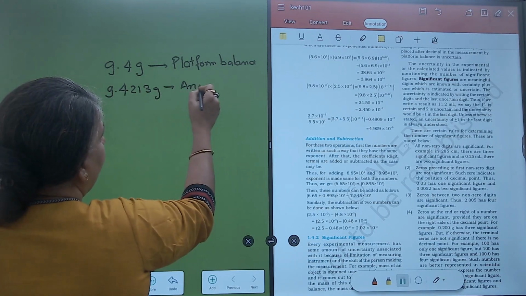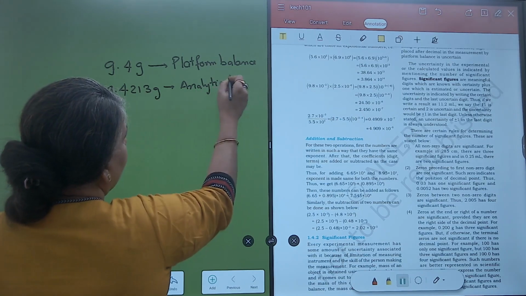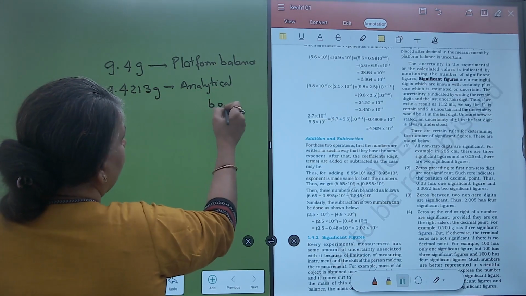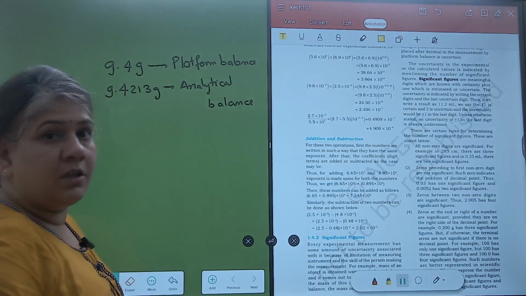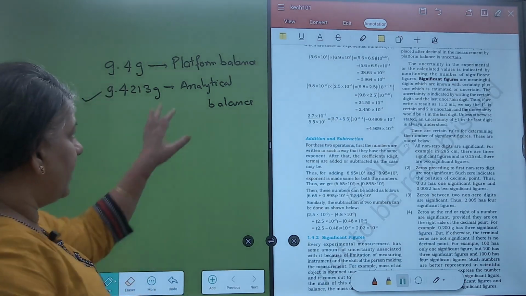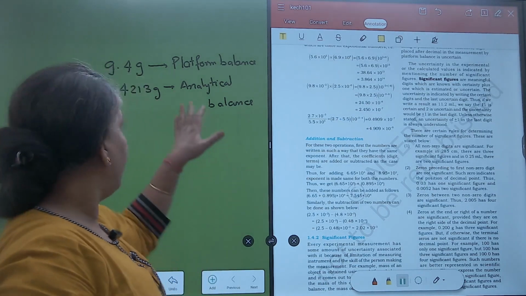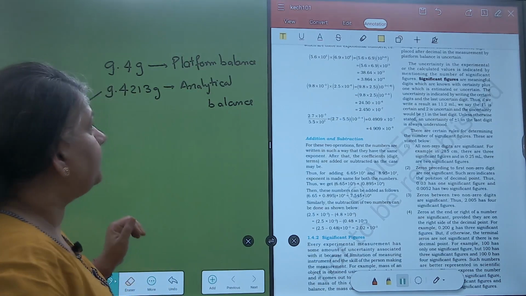See, what is the difference between the two values? The value measured with the analytical balance is slightly higher than the one measured with the platform balance.